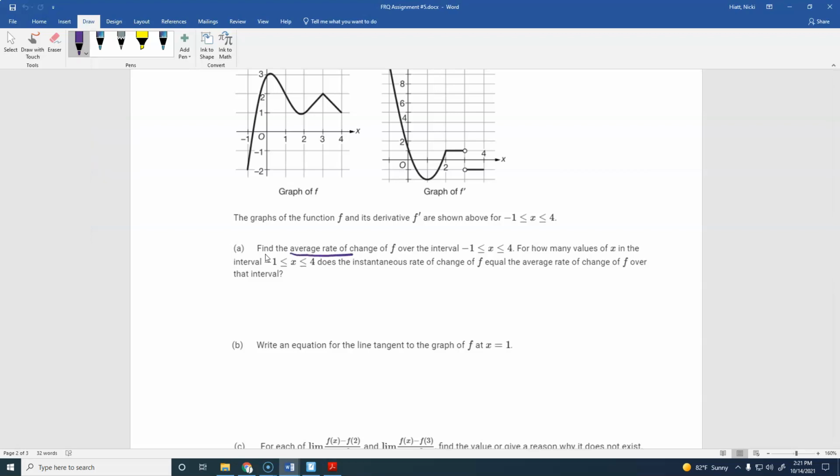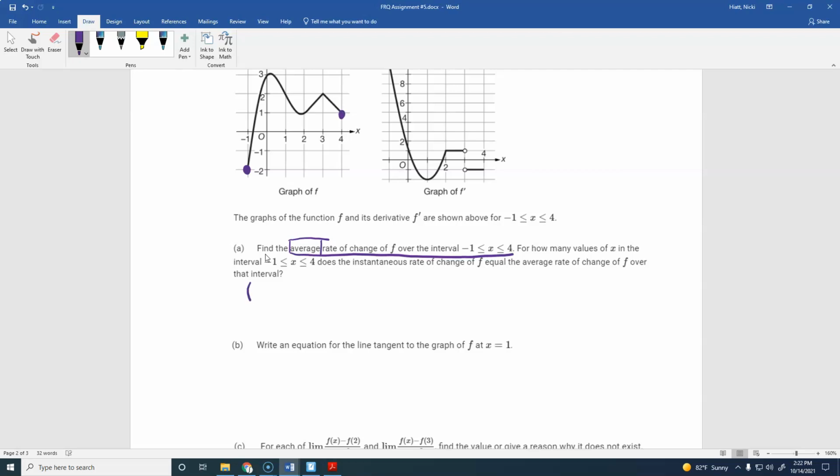We see average rate of change on the interval from -1 to 4. So if I see average rate of change, what am I doing? If it said instantaneous, it'd be line of tangency. Average rate of change is your secant line. So at -1, we're at this point here. Look at f, not the derivative. And at 4, we're up here.